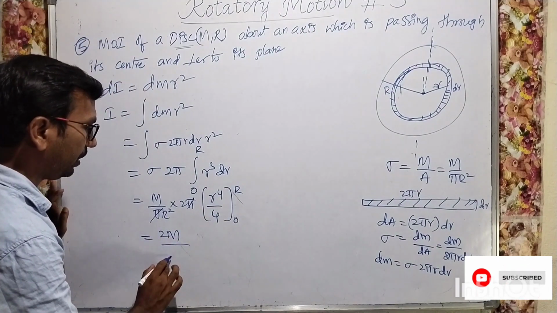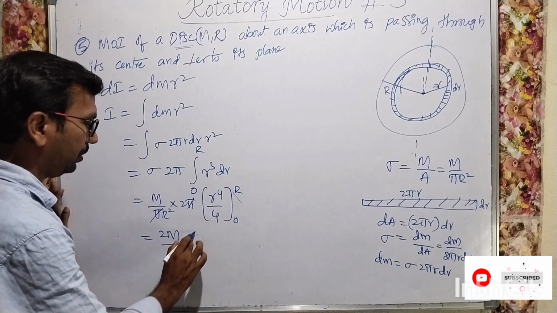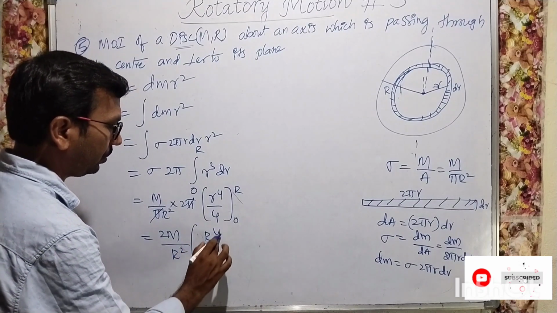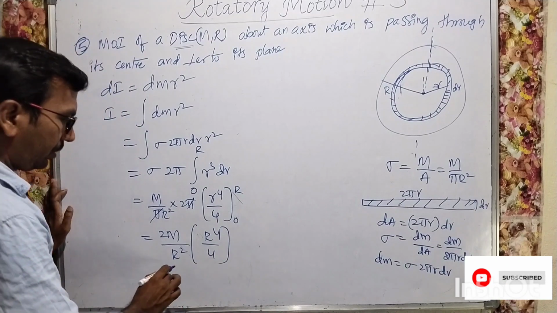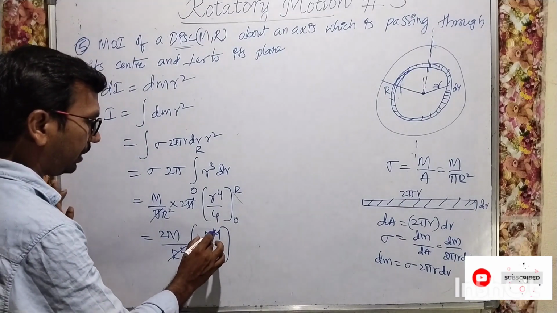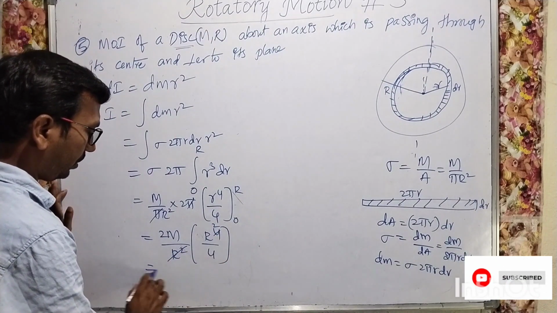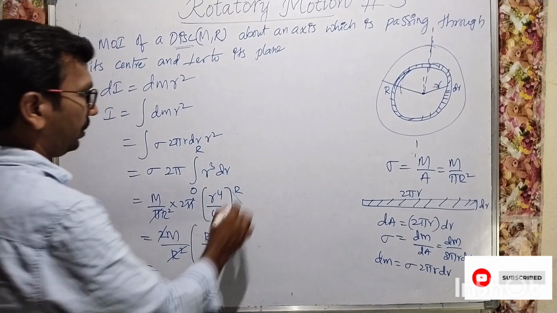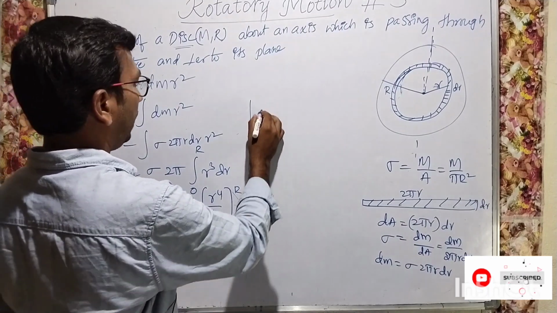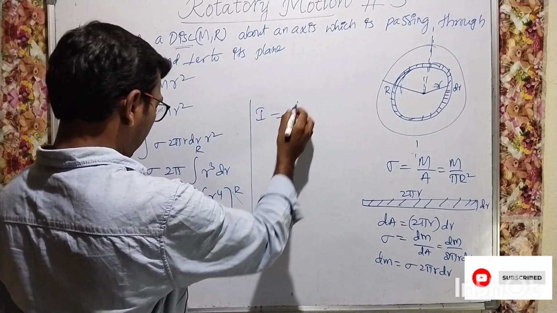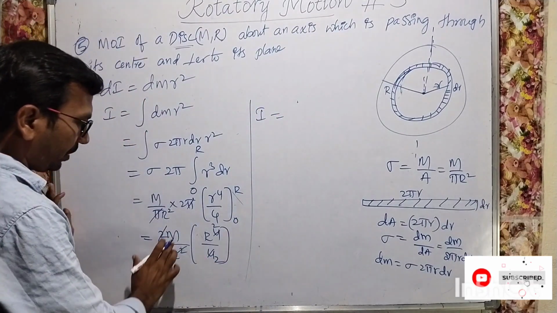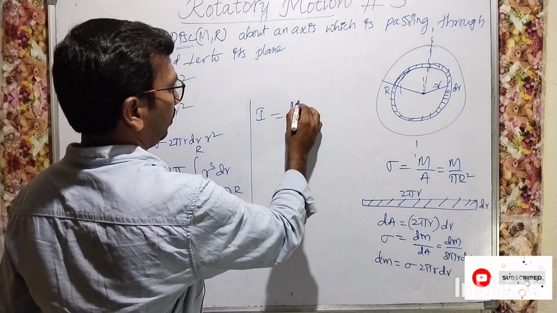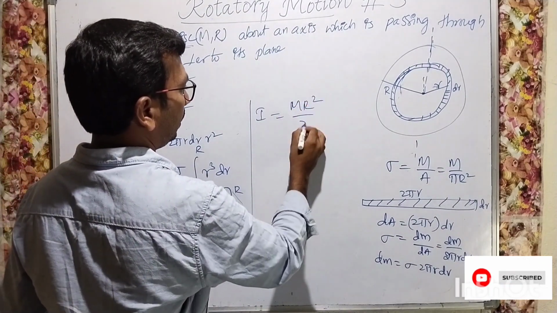So 2M by r square times r to the power of 4 by 4. Here r square cancels, and 2 cancels with 4. So the integration I is equal to M r square by 2.